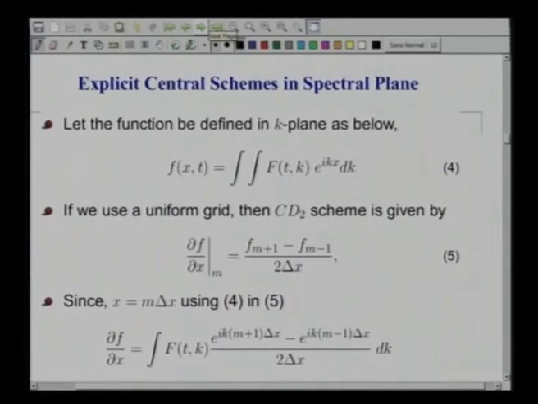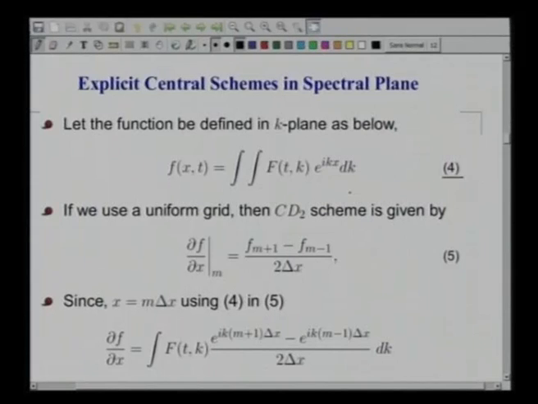Now, if I want to view these central schemes in the k plane, then what I can do is represent a function, let us say f of x and t, in this hybrid manner, retain the time dependence as it is, and introduce k instead of x, and then we perform this integral.